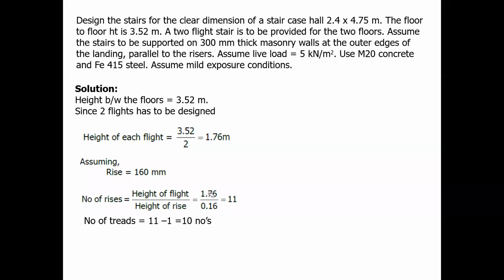Okay. So next, even in the question they have not given the tread, right? Assume 250 mm tread. Assuming width of tread 250 mm. So what will be the distance when you have got the width of tread and the total number of treads? You want the going, right? What do you mean by going?